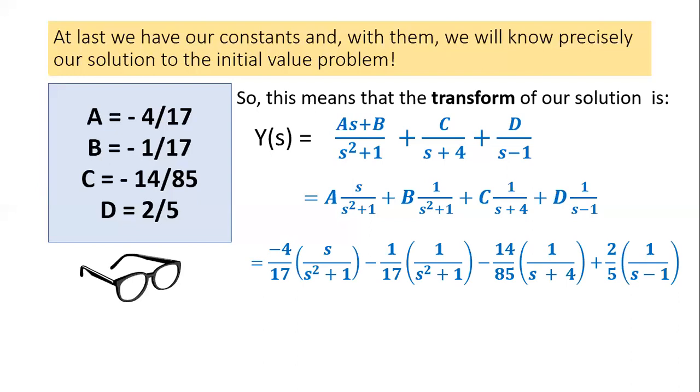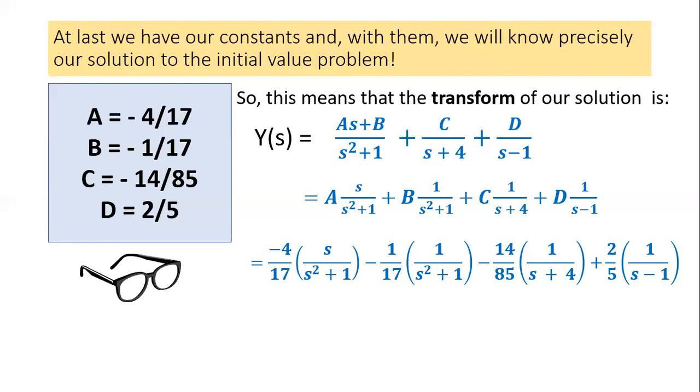But we know that the inverse transform of s over s squared plus 1 is the cosine of t. We know the inverse transform of 1 over s squared plus 1 is the sine of t. We know the inverse transform of 1 over s plus 4 is e to the minus 4t. And we know the inverse transform of 1 over s minus 1 is e to the t.